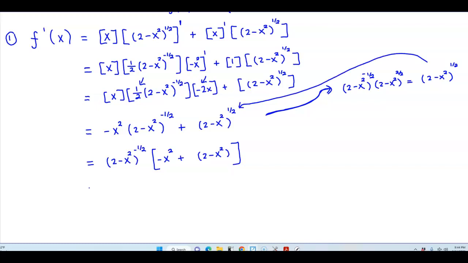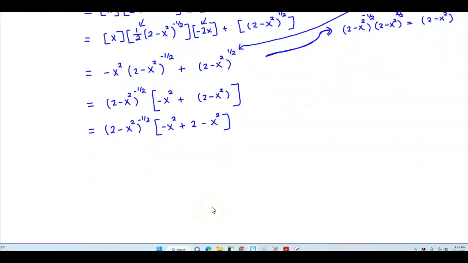Now we can combine like terms. So we have 2 minus x squared to the negative 1/2, we have negative x squared plus 2 minus x squared. And so what that gives us is the following. Let's go ahead and rewrite this in the denominator.